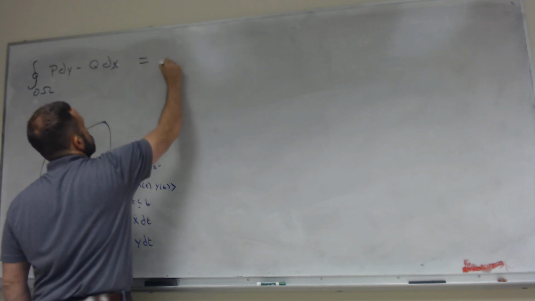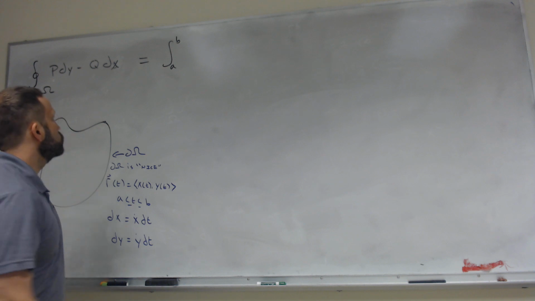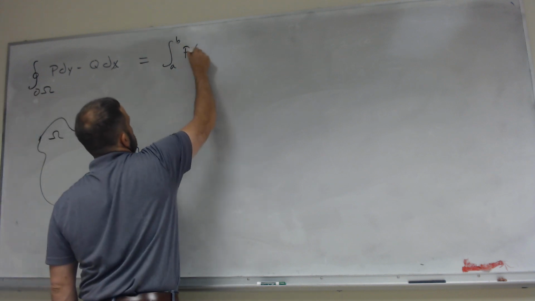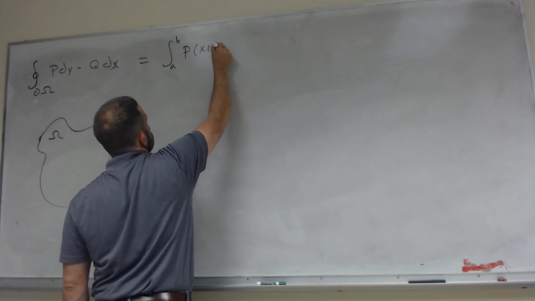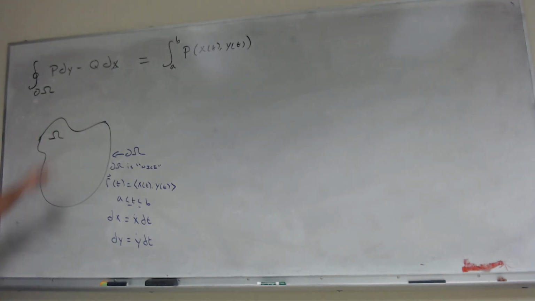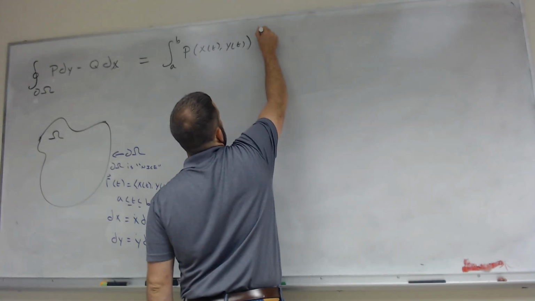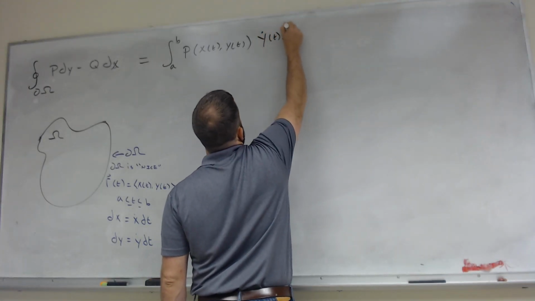And so again, this is just a line integral. We're computing it from t equals a to b. So I'm going to evaluate p at the parameterization, so x of t, y of t. And then what is dy? dy is y dot dt. So this is going to be y dot of t dt.